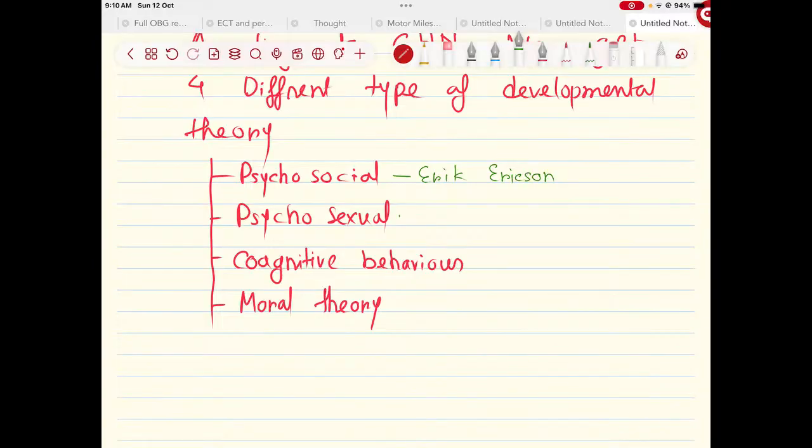Okay, psychosexual theory given by Sigmund Freud. Cognitive theory given by Jean Piaget. And the moral theory? Kohlberg.